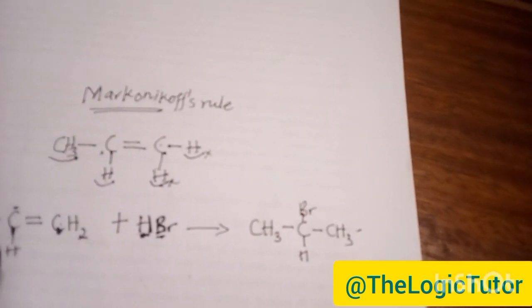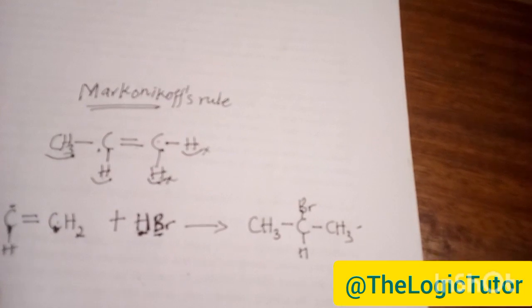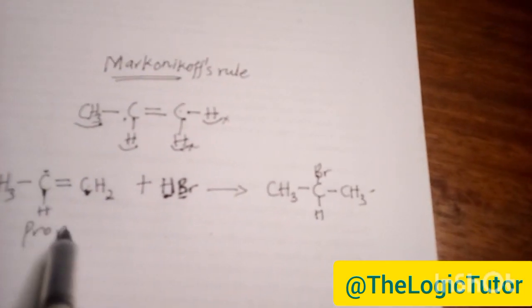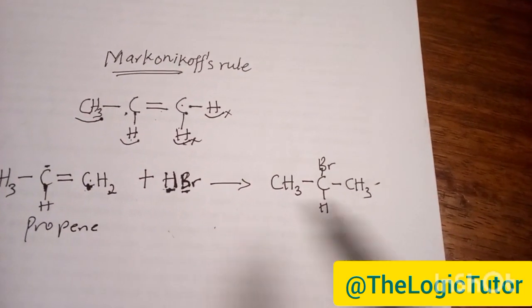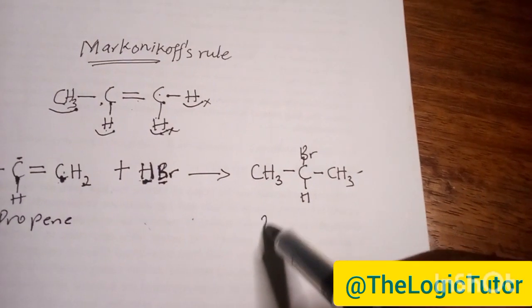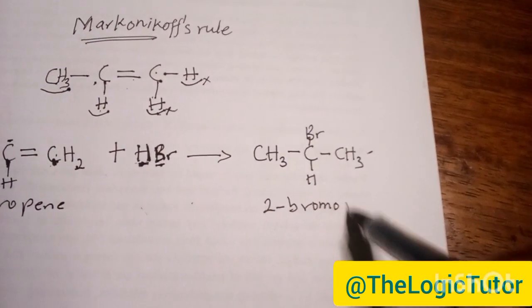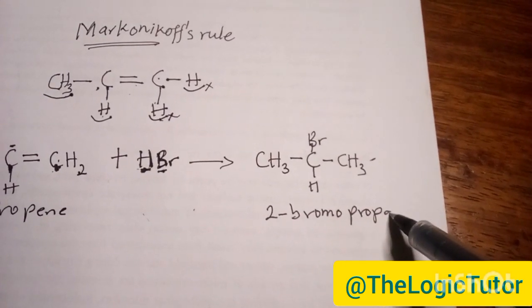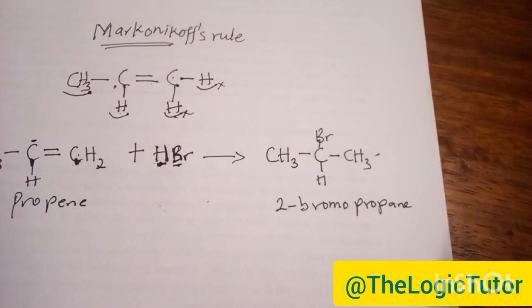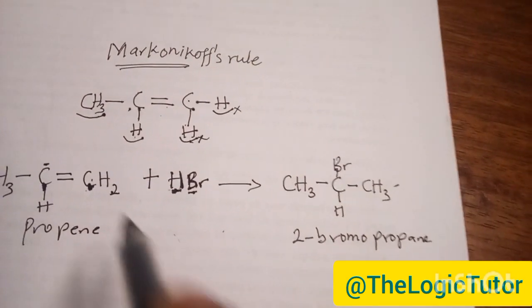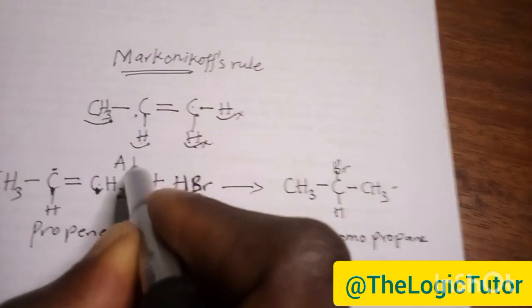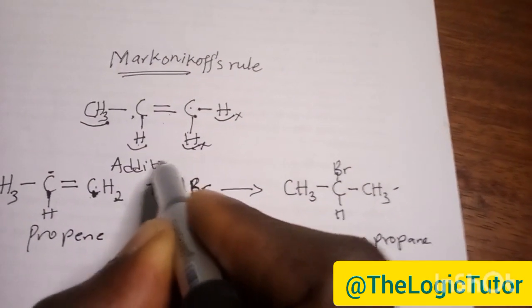Propane, don't forget, this is propane in the first place, and this is 2-bromopropane. So this is just what Markovnikov's rule is trying to tell us. And don't forget, this reaction is called addition reaction.